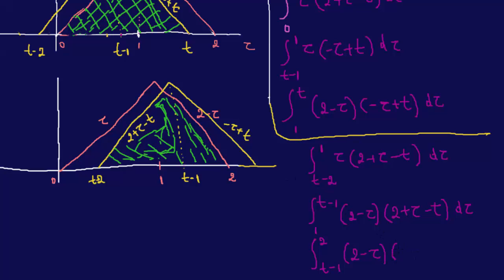So it's between yellow and pink. You're just looking at minus tau plus t, and then you just integrate and figure out the actual equation. You just multiply out and replace, just like a normal ordinary integral, and that's it.